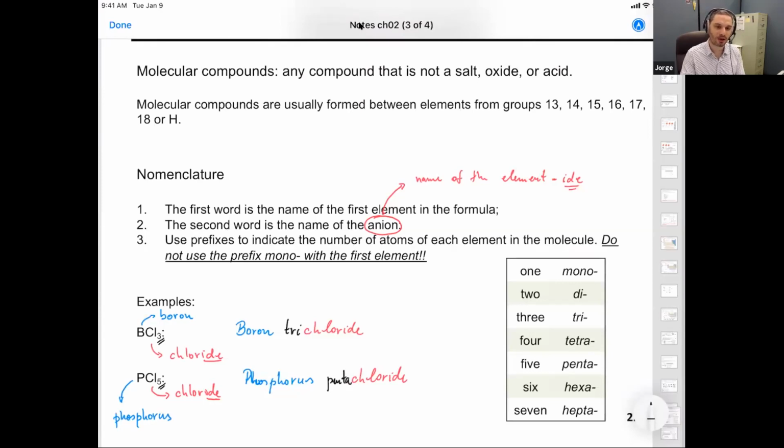And that's how you recognize a molecular compound and name the molecular compound. And again, I just showed you to name a compound knowing the formula, but obviously you need to know how to do the opposite: from the name, write the formula.